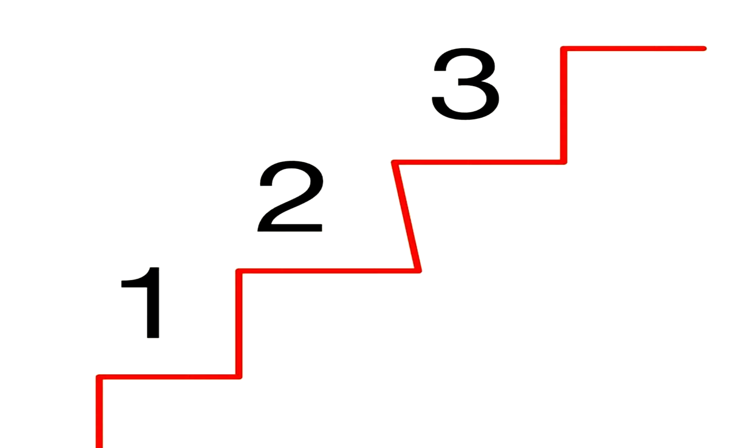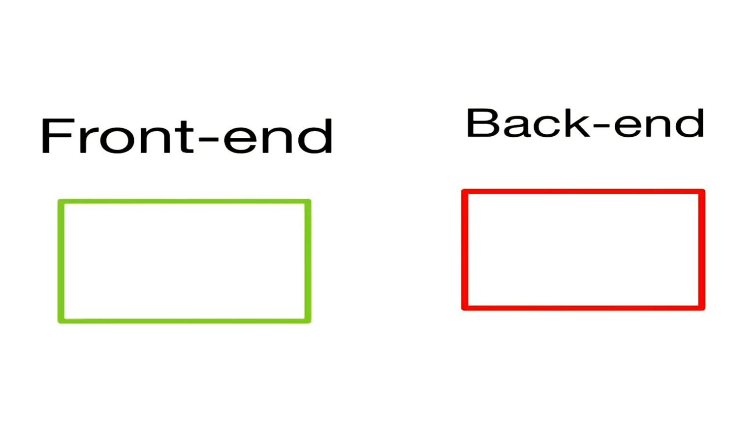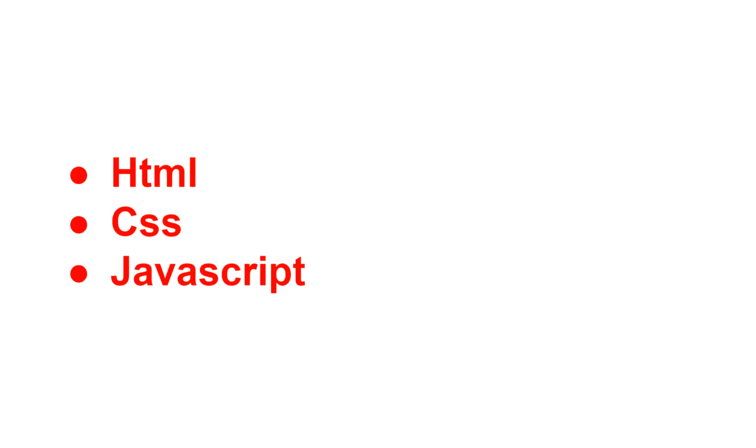Every website has two parts: a front end and back end. The front end is the part that you see in your browser and interact with. Front-end developers use HTML, CSS and JavaScript to build front-end.